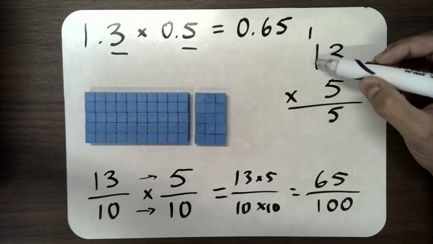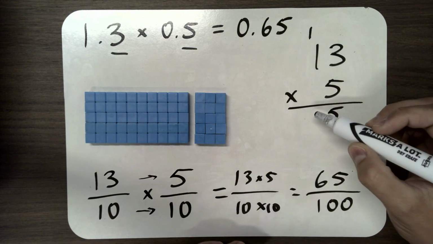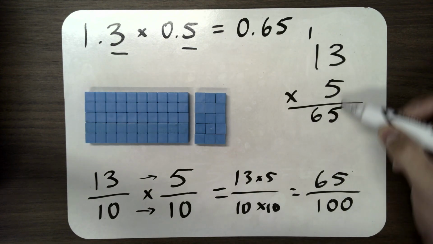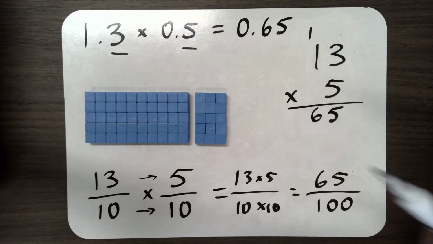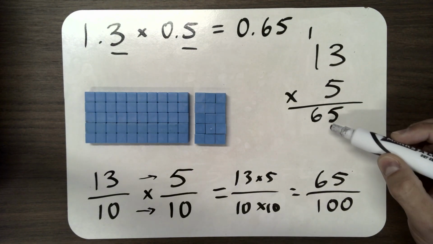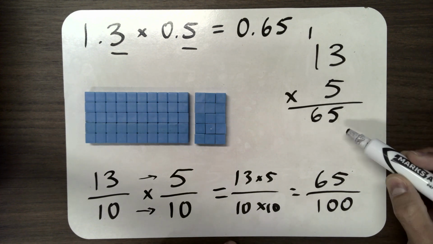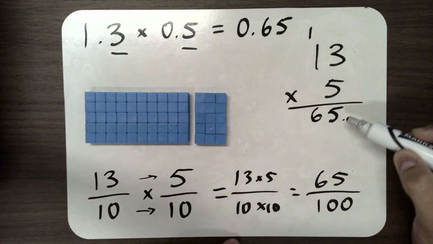Then 5 times the 10 will be 5 tens, and we add on this 10 from earlier, so we get a total of 65 tens. So this product is 65. Since we had two digits to the right of the decimal point in our multipliers, we need to have 2 digits to the right of our decimal point in our product. There's an invisible decimal point right there that we're not necessarily writing.